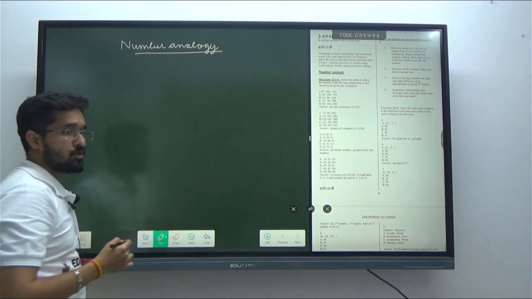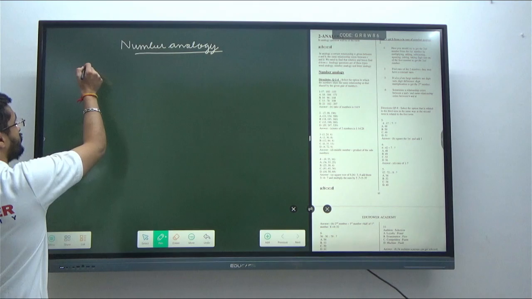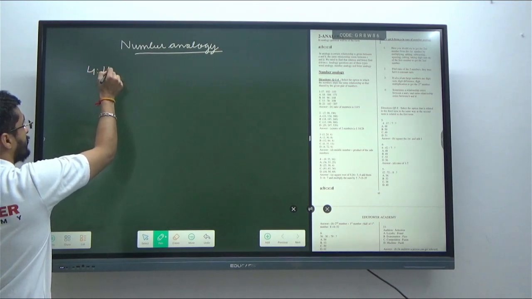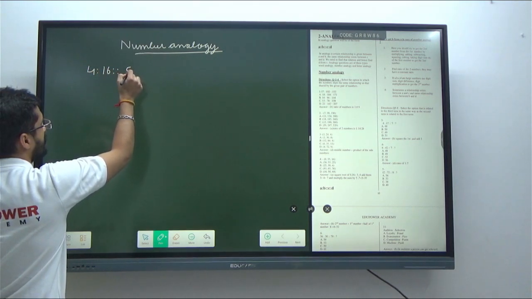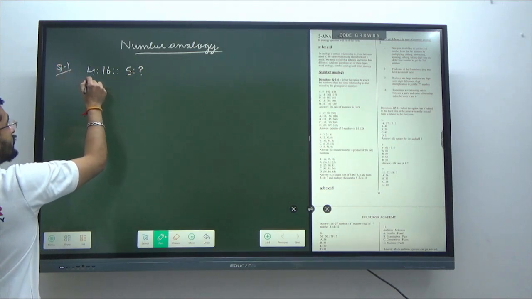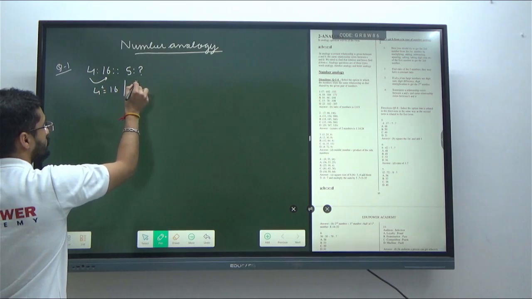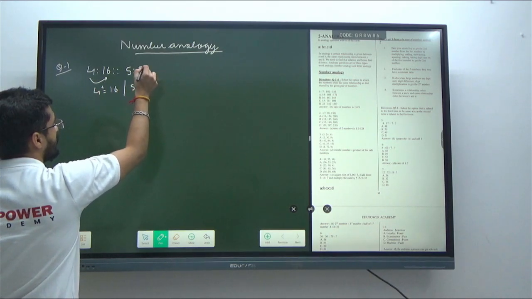In number analogy, numbers are written here and we have to find the number based on our knowledge. So for example, 4 is to 16. We know that 4 square is 16. So 5 square should be equal to 25.